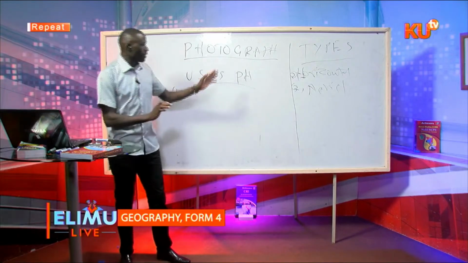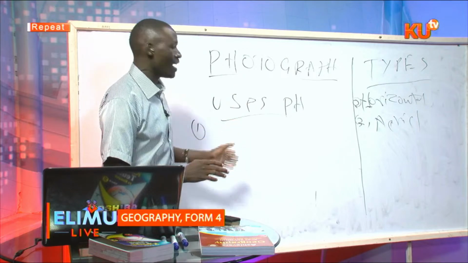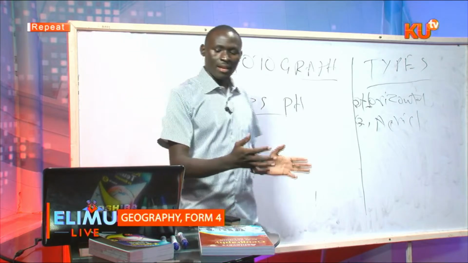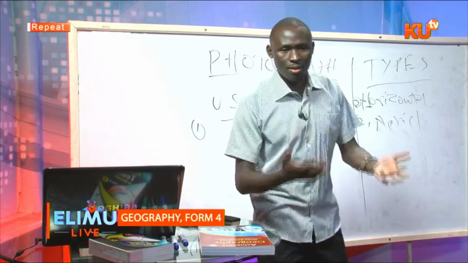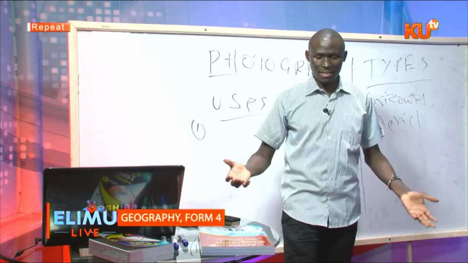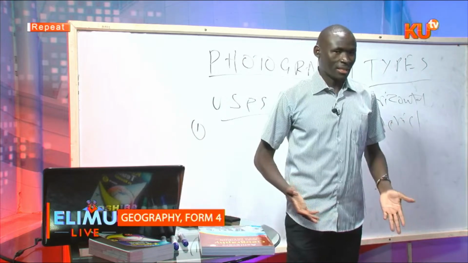Now that we are through with the definition, the types, the uses, and the parts of the photographs, let's head to the interpretation of photographs. How are photographs interpreted? Now that you've taken photographs, somebody can ask you, so what?